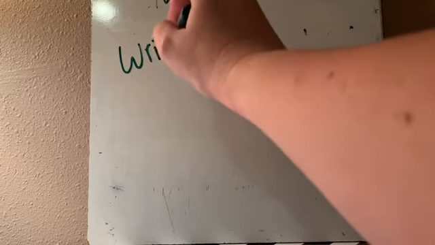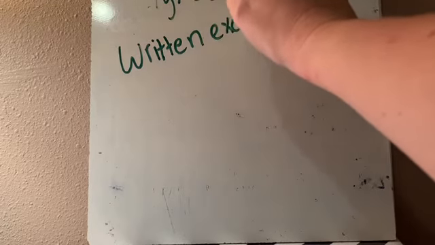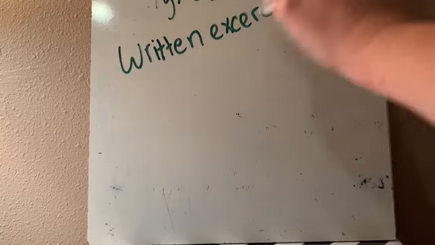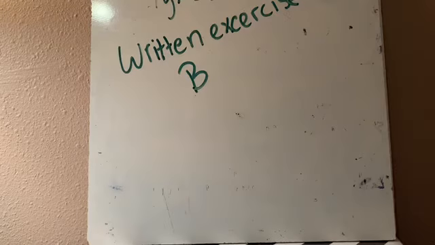Okay, so your grammar work for today is going to be on page 380. You're going to do written exercise B. B wants you to rewrite the phrases using possessive forms.